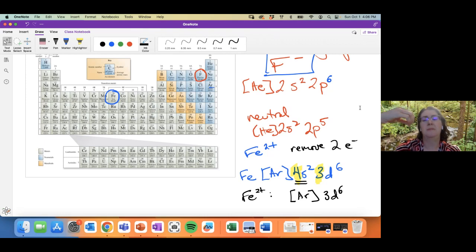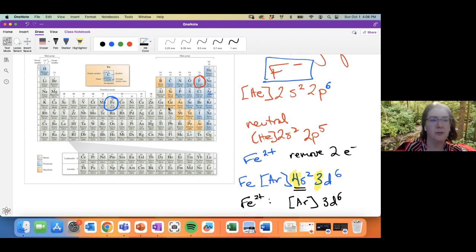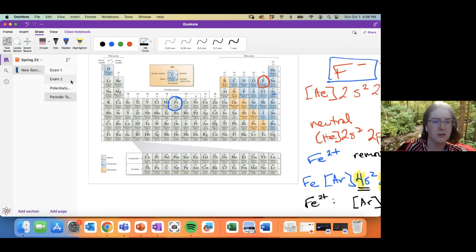So this really is coming from when we see iron in the real world and we work with it in its different charge states, what happens to those electrons and how do they act and where are they most likely to be? So I know sometimes it may seem arbitrary, but really we're just trying to describe what we experience in the real world. So that's a little bit on electron configuration of ions.